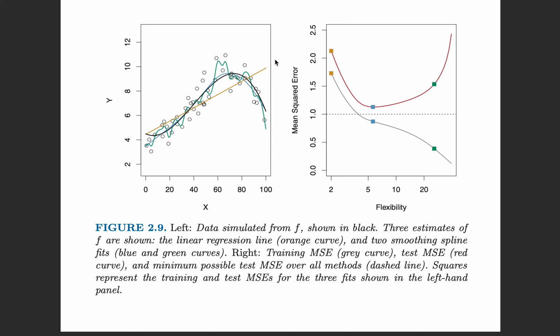On the other hand, this linear regression, I doubt would change much, even if you would bring these circles a little bit down and this one a little bit up. It wouldn't change significantly. Therefore, linear regression, a simple model, has a very low variance, but it has a high bias.